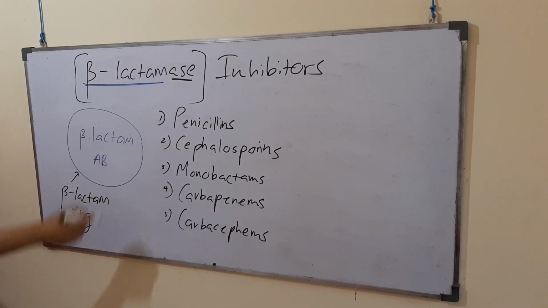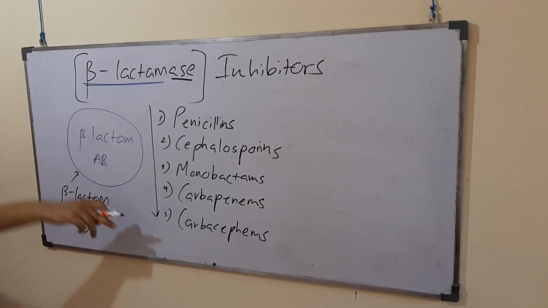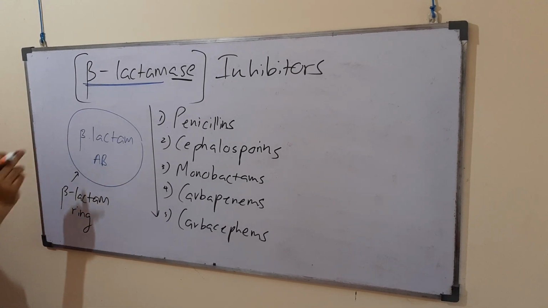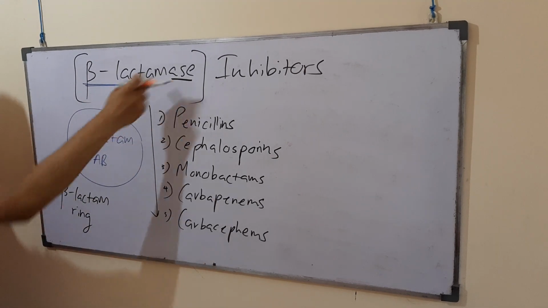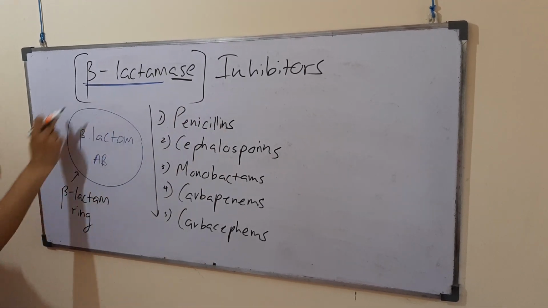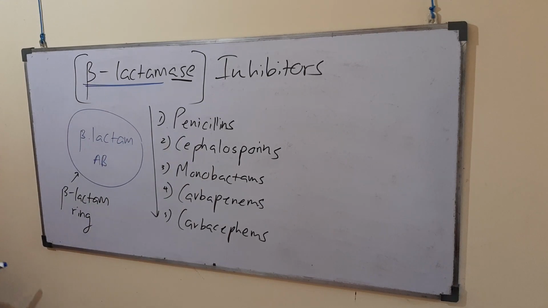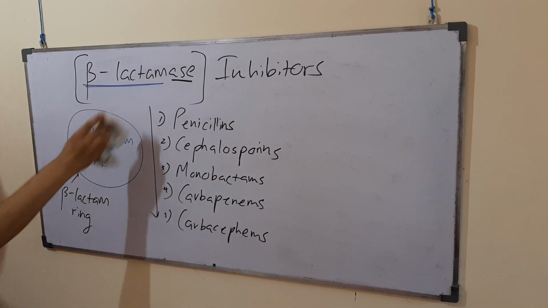Generally speaking, these five groups of antibiotics fall under the category beta lactam antibiotics, which means all of these groups have this beta lactam ring in their molecular structure, right? So just remember that it's important.